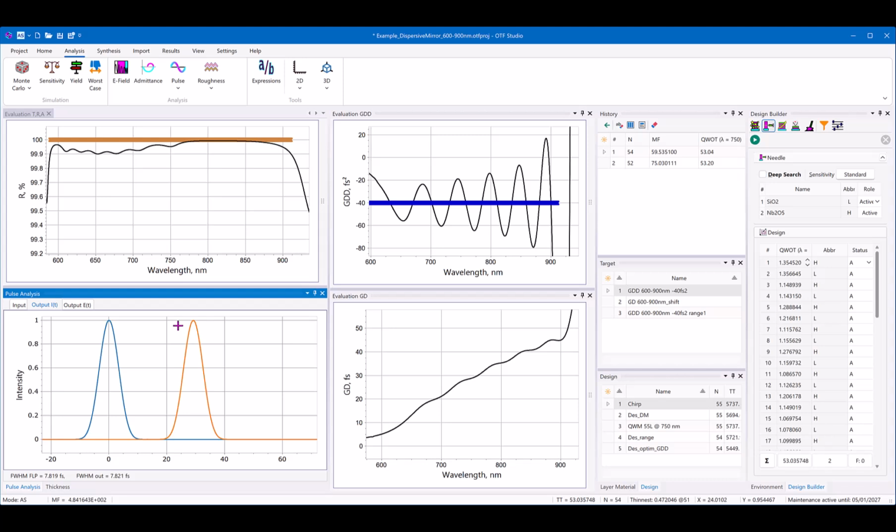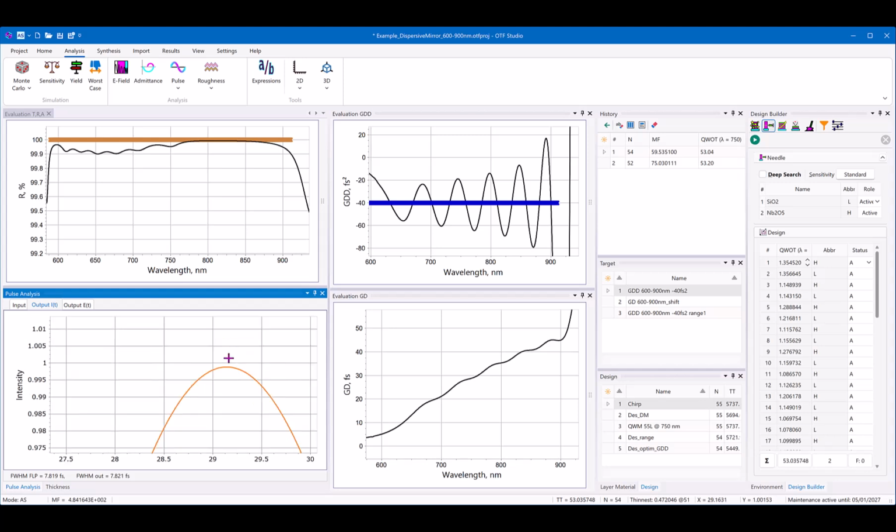So this blue is input pulse and orange is output pulse. We can zoom and zoom and zoom this pulse, and we can see finally that the loss, energy loss, intensity loss is negligible for this design.